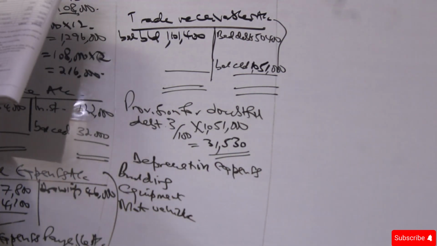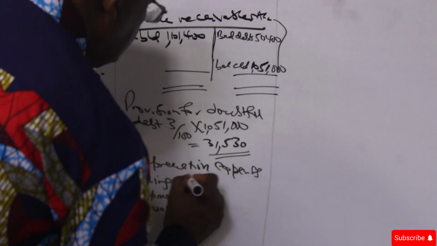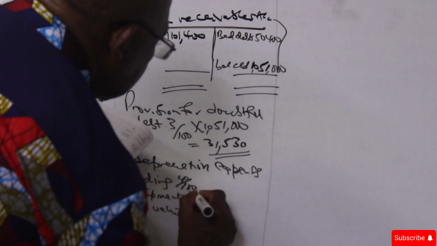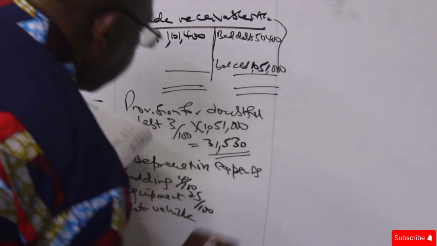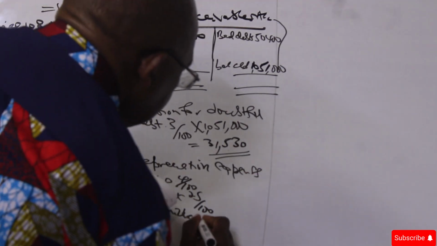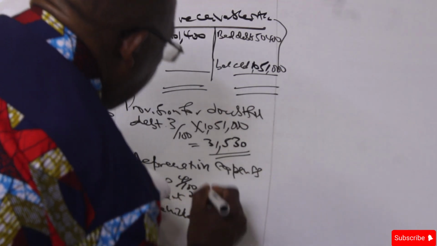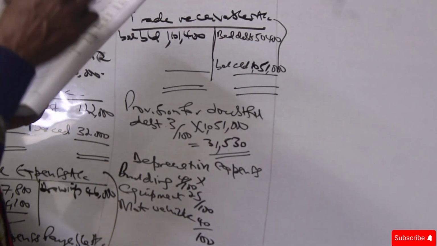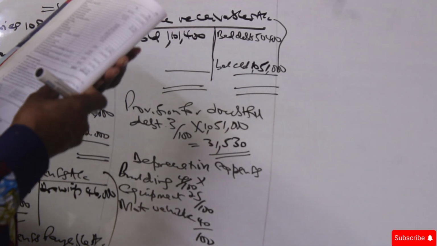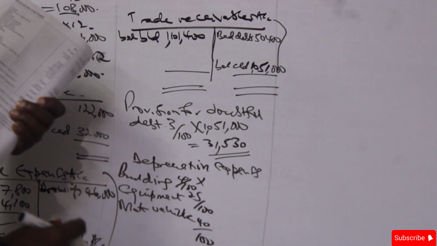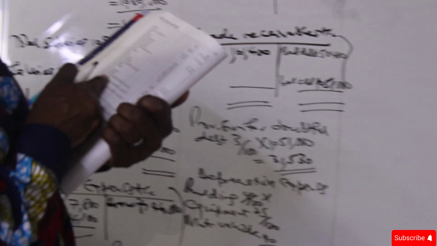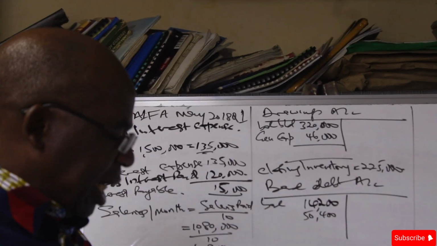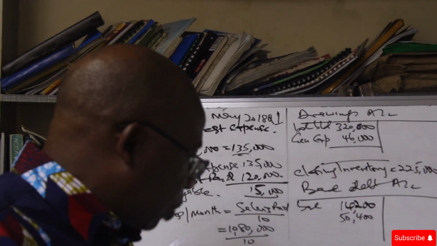We are told building is 4%, equipment is 35%, and motor vehicle is 40%. Now, for the building, if you look at the trial balance, we have been given a figure for land and building of 3,400,000. Out of the 3,400,000, we are told land is 1 million, and we are not depreciating land.